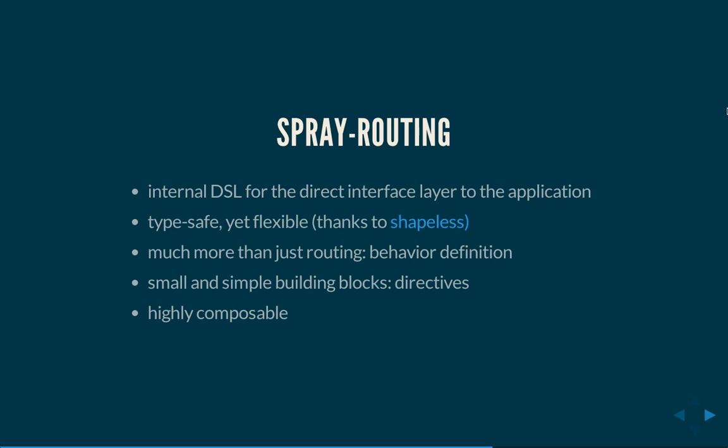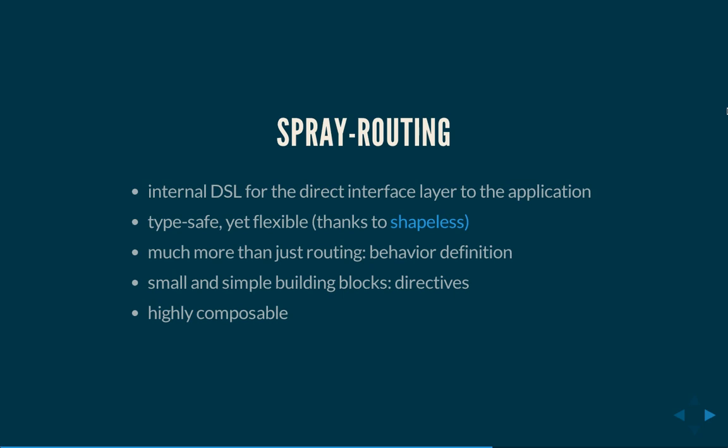It does much more, as I said, than just routing, because if you know routing maybe from Rails or from Play, then what is often understood as routing is more or less a table that defines which URI paths are being forwarded or channeled to a certain logic block on your application layer.